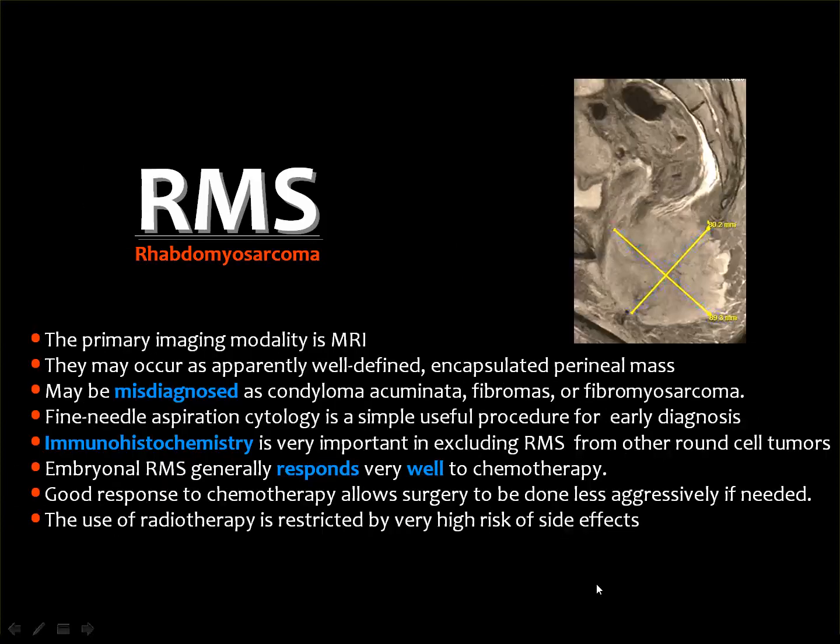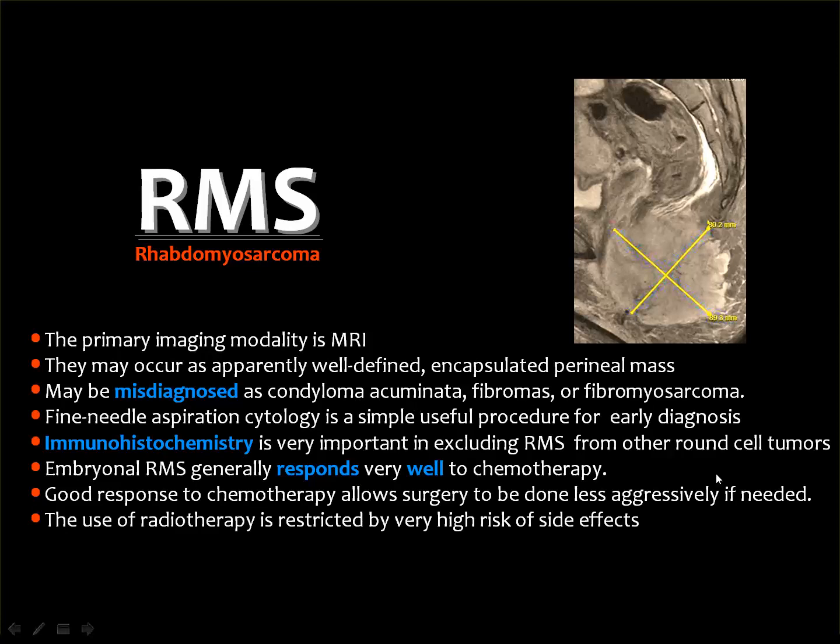anal area. Then the imaging modalities are needed here because the tumor is one of the sizable lesions that infiltrate the surrounding areas. It usually appears as a well-defined perianal mass and may be misdiagnosed as condyloma acuminata, but actually the condyloma has a surface which is very characteristic.